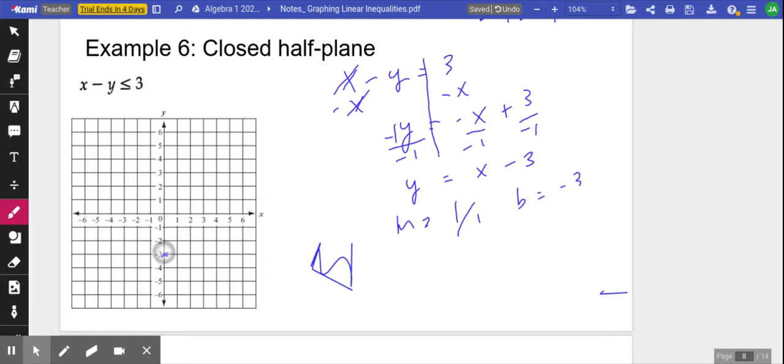Okay, so y-intercept is negative 3. Slope is up 1, right 1. And it's a solid line.